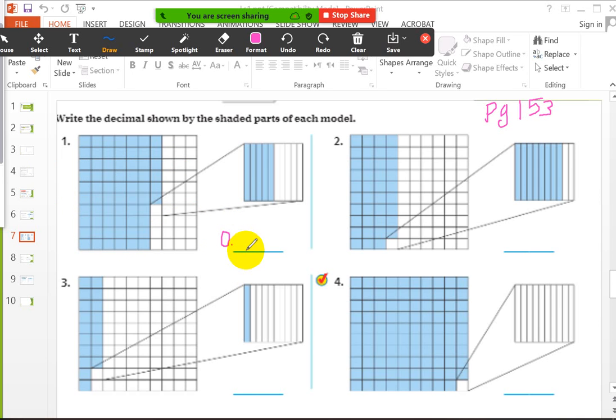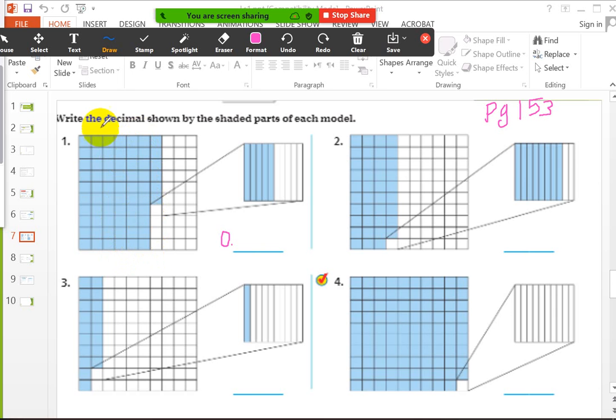Okay, so let's start now. Count the number of shaded parts. In each column I have 10 parts, so let's count. This is the first 10, so this is 10, 20, 30, this is 40, 50, 60.